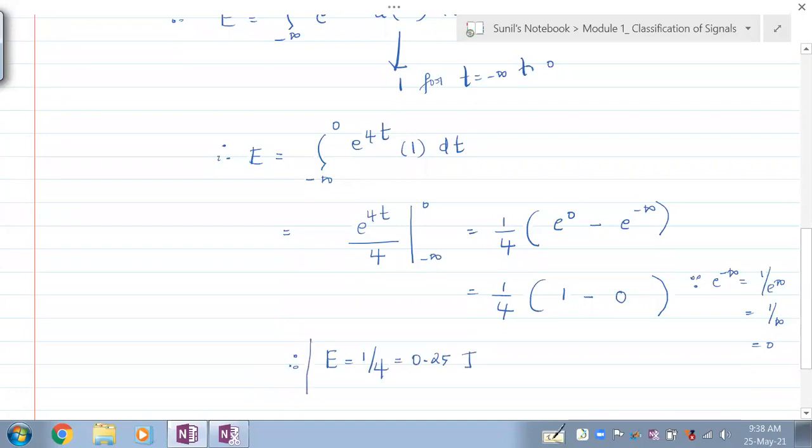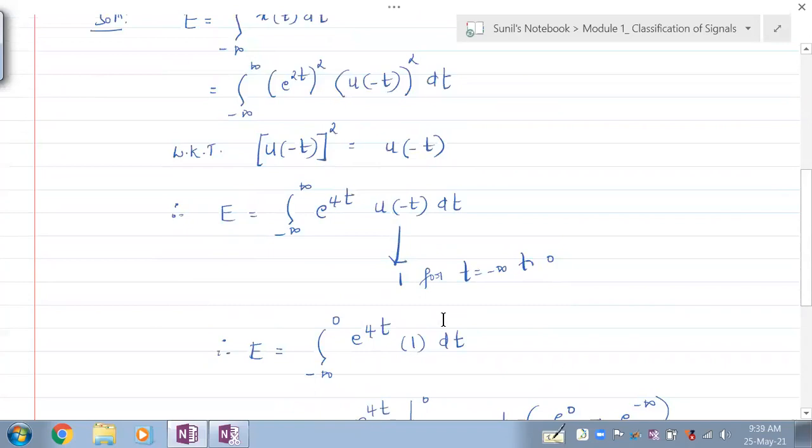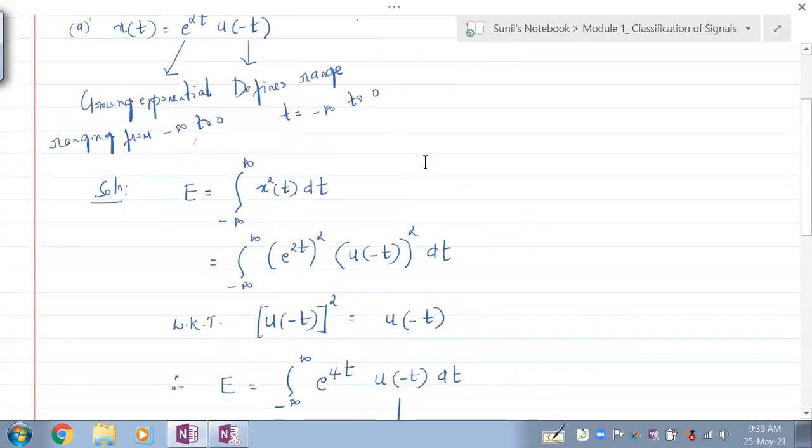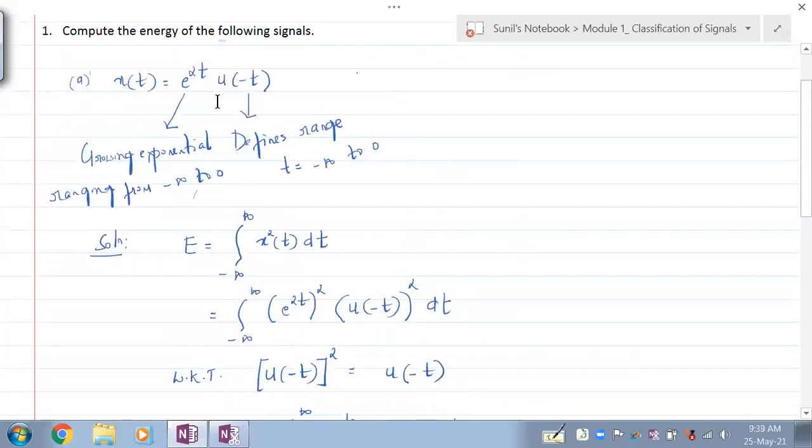Understand this? Now, whether this is energy signal or power signal, by seeing this energy, is it possible to say? See here, this is the signal that is given here. If we had to analyze this as energy signal, we should have seen the range.